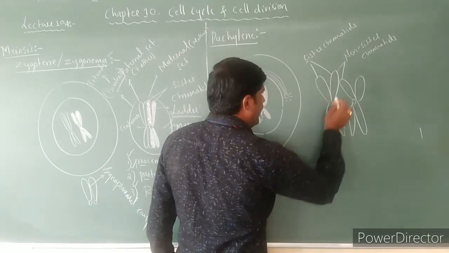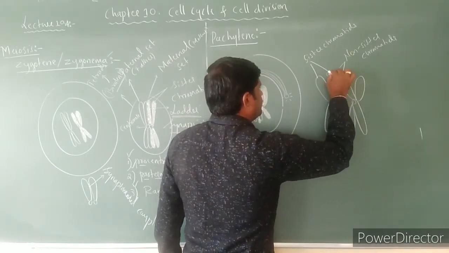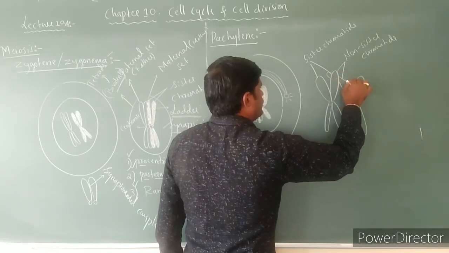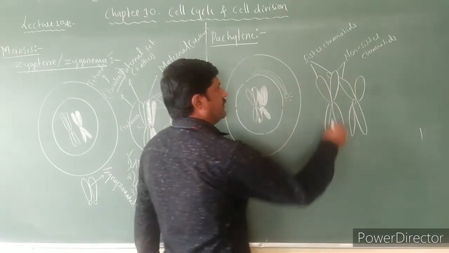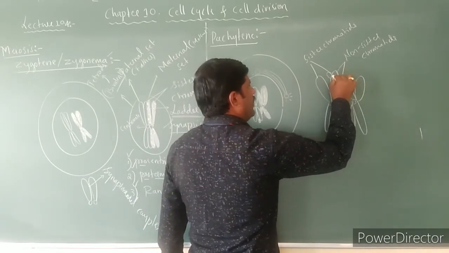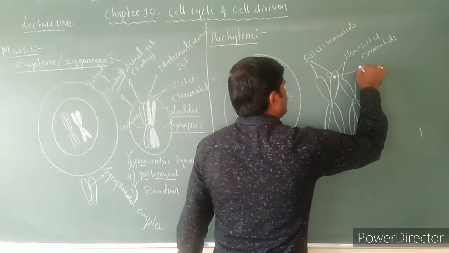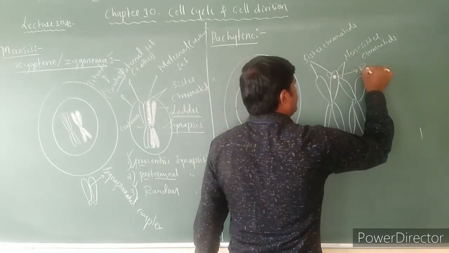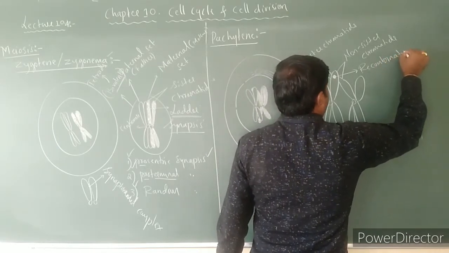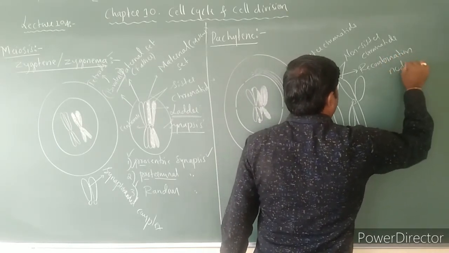If this is the chromosome, they overlap on each other, and at this point you will come across a nodular structure, called the recombination nodule.